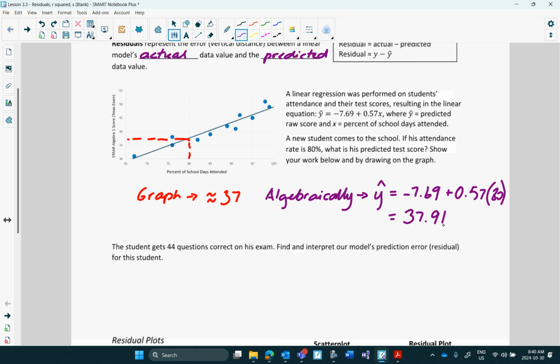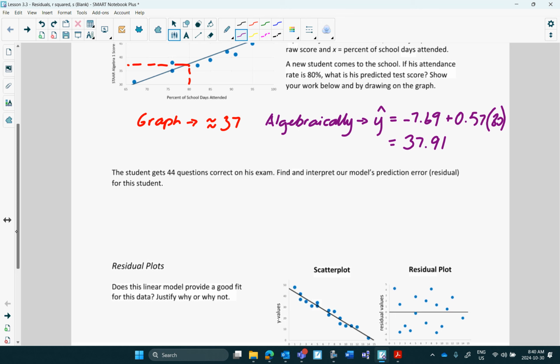Now remember, this is what the student is predicted to get, but they wrote the exam and they actually got 44. So we want to calculate the residual, or the prediction error. To do that, we take their actual score minus their predicted score, actual minus predicted, and we get 6.09.